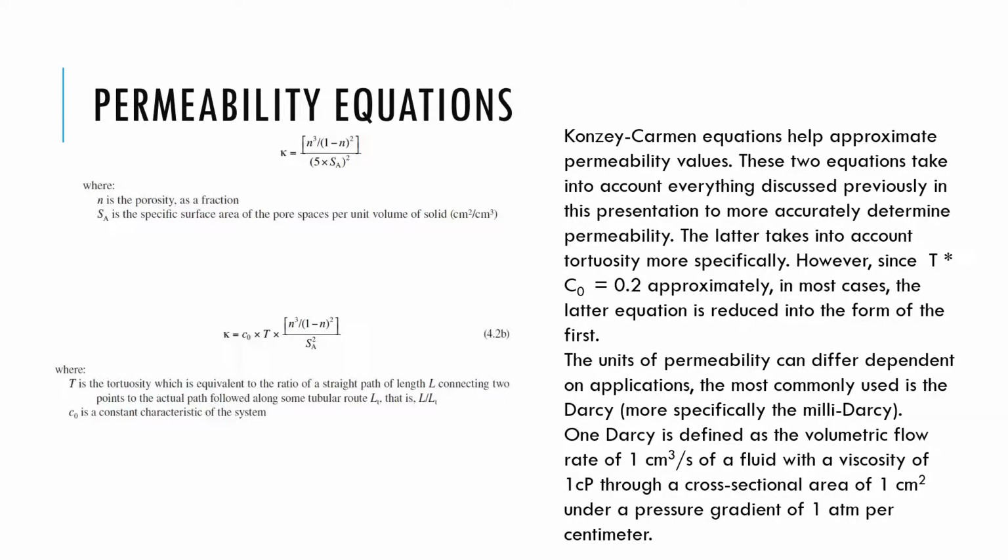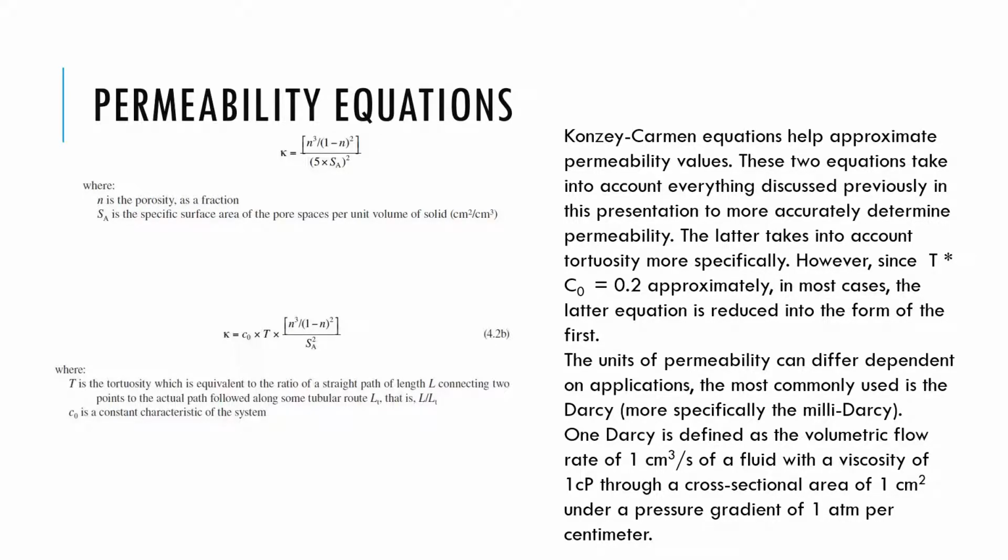So it's kind of straightforward in a way, because it directly involves the surface area with the porosity of a specific formation. Now the second one would give more accurate results, since tortuosity can be very variable depending on what formations we are looking at.